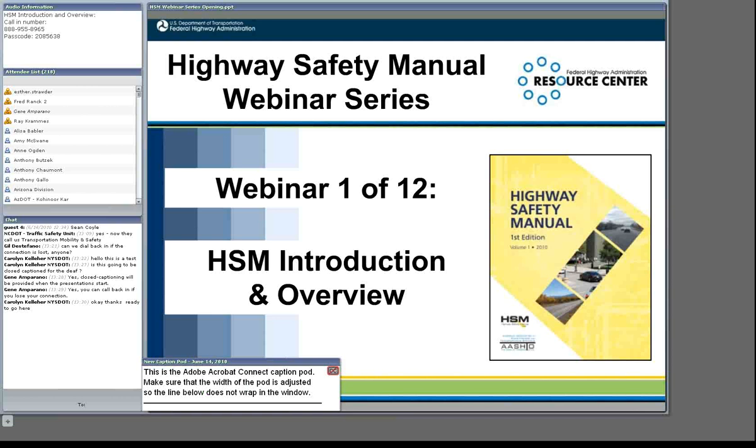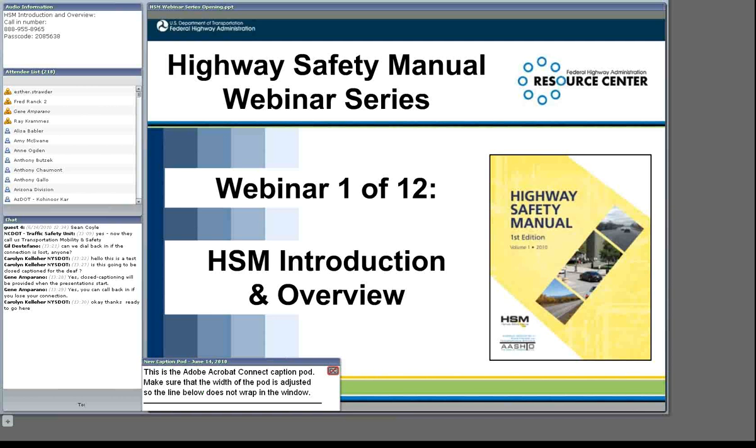For those of you who are familiar with the Highway Capacity Manual and have used the manual, it may be enlightening for you to think of the Highway Safety Manual as being akin to it, but for safety.